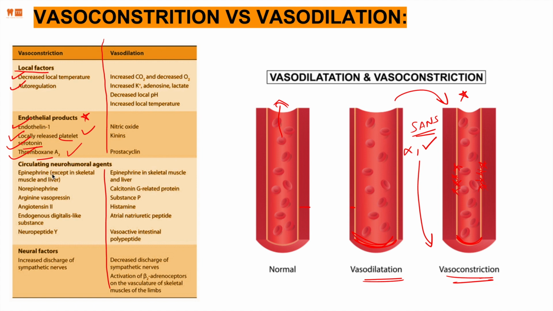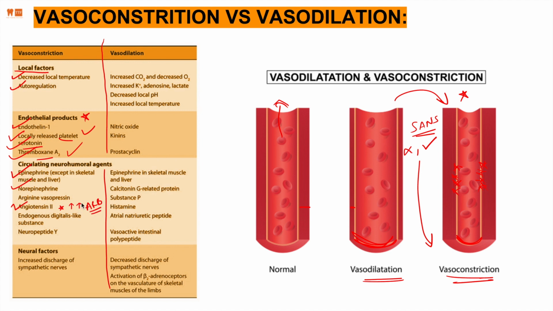What are circulating neurohormonal agents, which are vasoconstrictive? Epinephrine is one. Norepinephrine. We got angiotensin 2, and that's what causes increase in vasoconstriction, increase in BP, and that's why one of the drug classes in BP or hypertension treatments is angiotensin 2 blockers, angiotensin receptor blockers, known as ARBs.